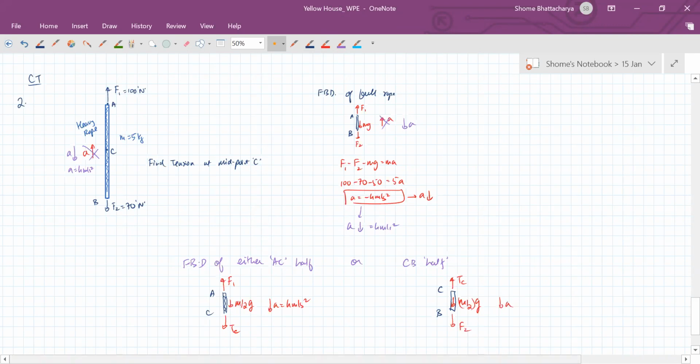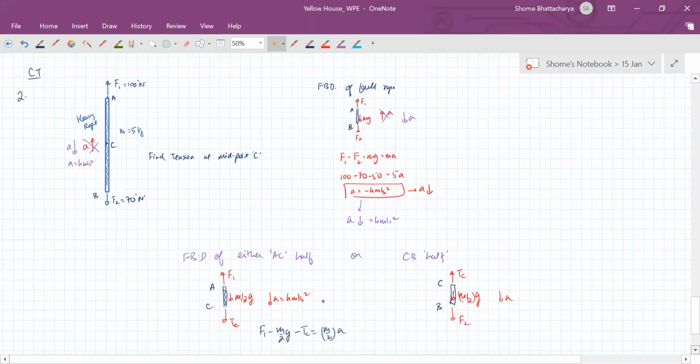This combination is giving the same acceleration. So I can do either this or this. That will be enough because I just need one thing, the tension. So in this, it will become F1 minus this half weight minus tension is the mass, which is m/2 of that section, into a. So from this equation now I can substitute a and I can get the answer.